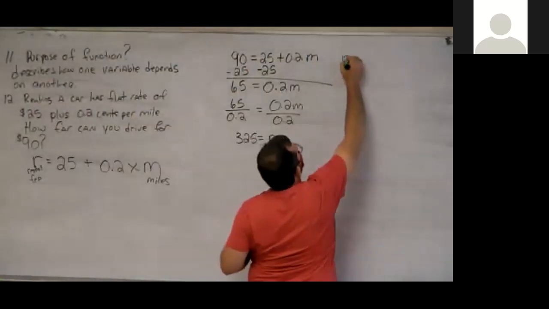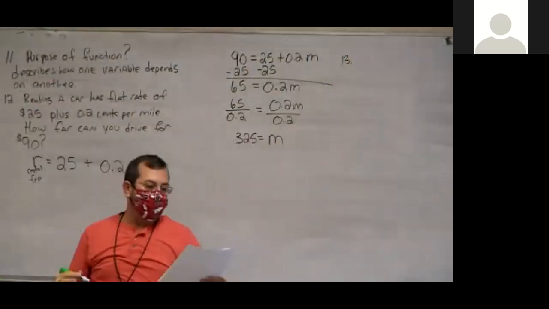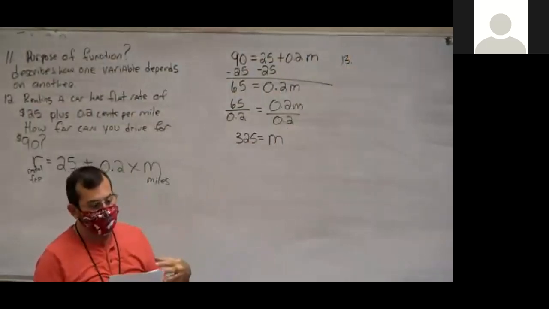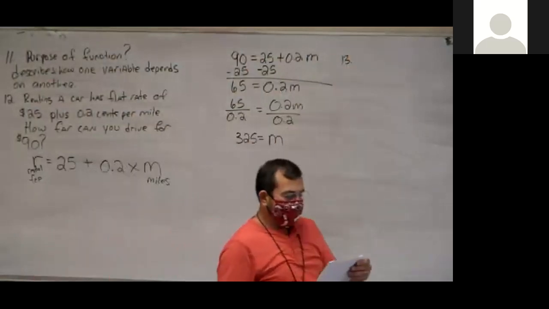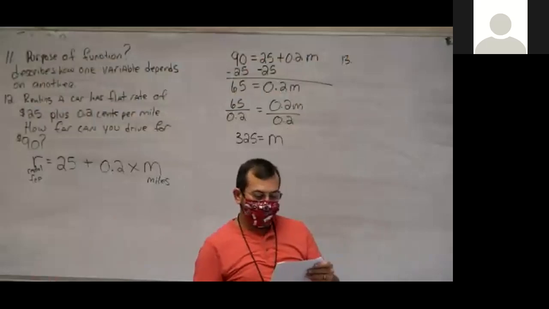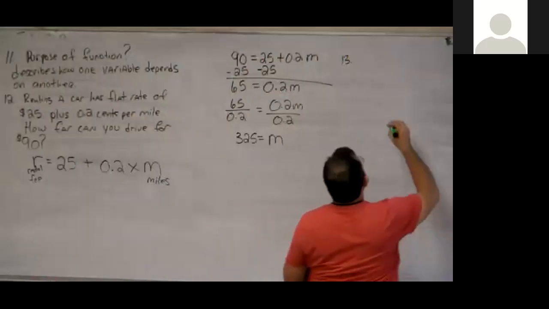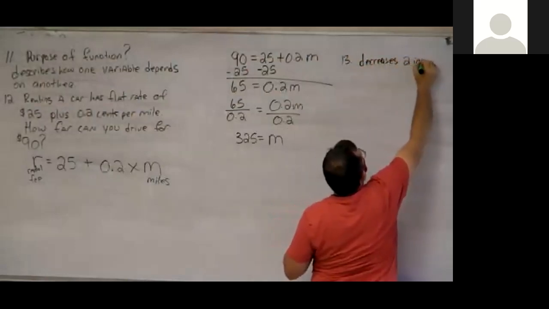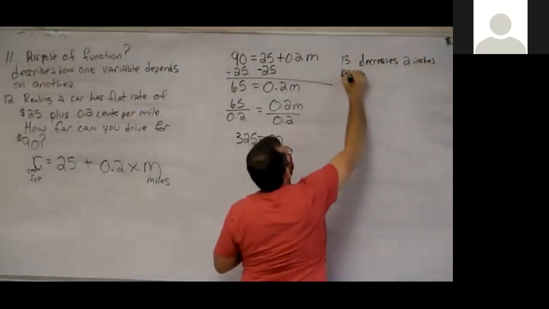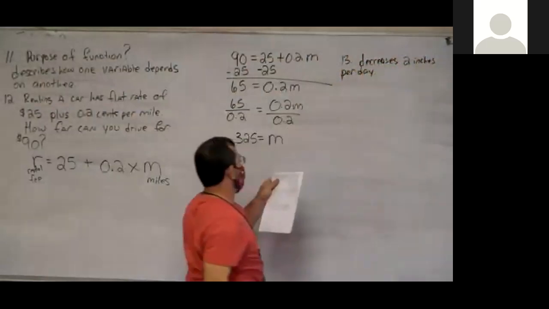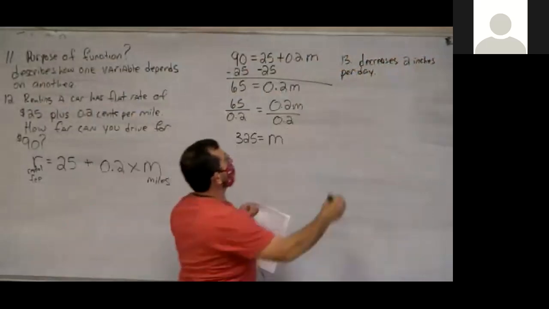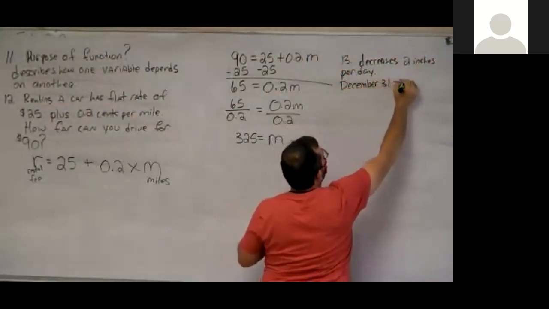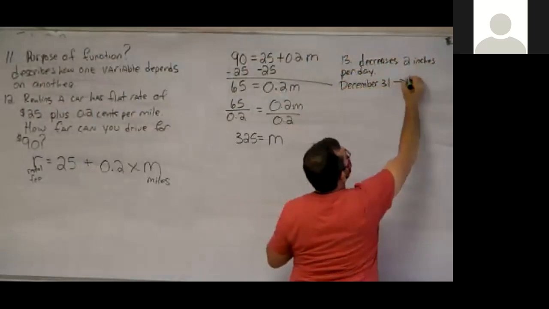All right, so let me show you what I did on 13. On 13, they give you a graph, but I didn't even worry about the graph. I just figured out what the amounts would be, and only one of the graphs had the right amounts. During the month of January, the depth of snow at a ski resort decreases by 2 inches a day. On December 31st, there was 64 inches of snow.